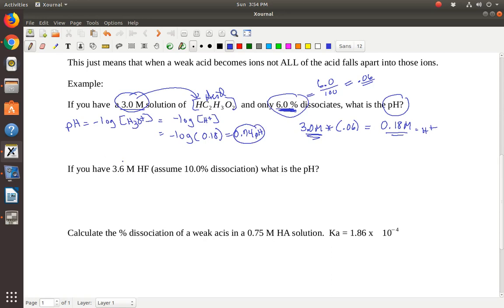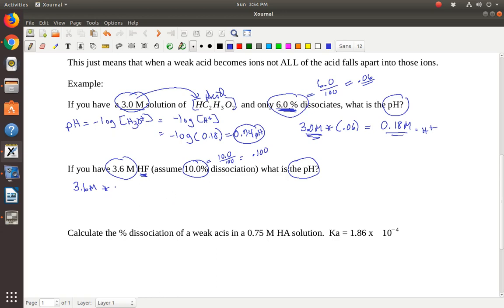All right. Now let's try this next question. If you have a 3.6 molar concentration of HF, hydrogen fluoride, only 10% dissociates. What is the pH? So I take the 3.6 molar, and I have to multiply it by the percentage. Turn the percentage into a decimal. So this is going to be 10.0 divided by 100, or 0.100.